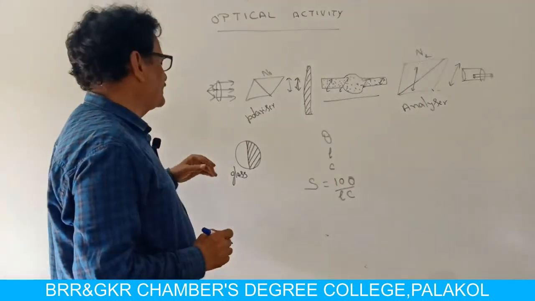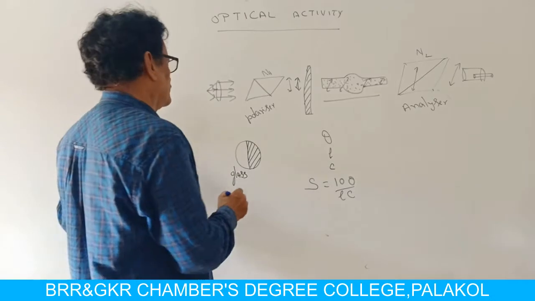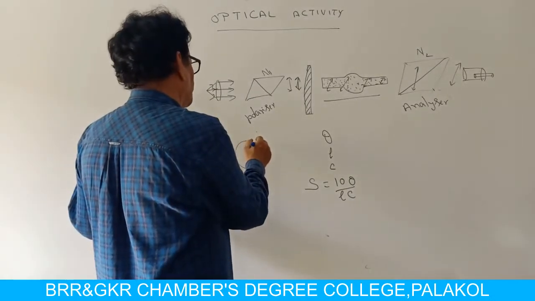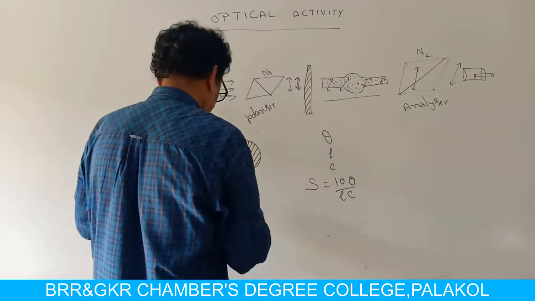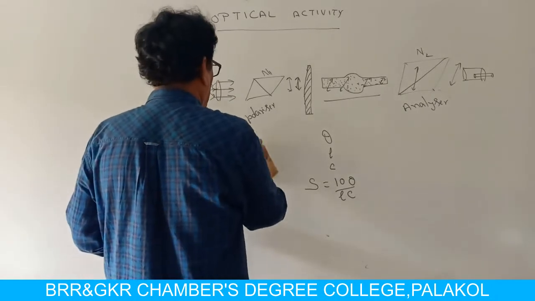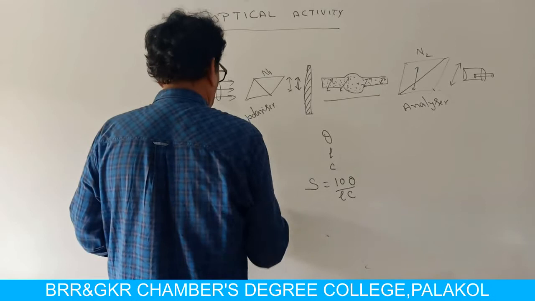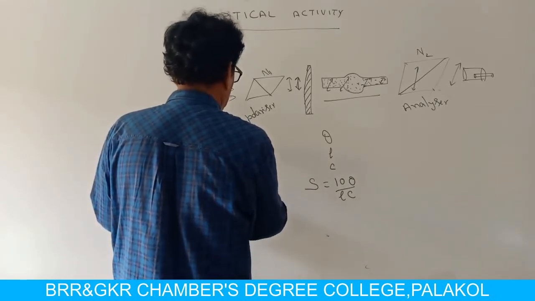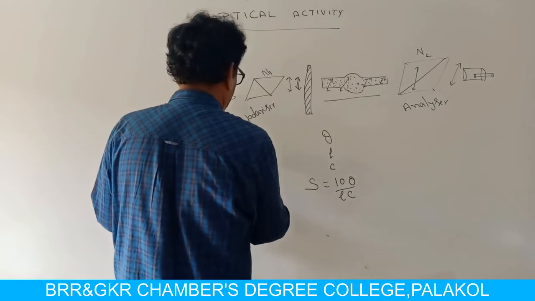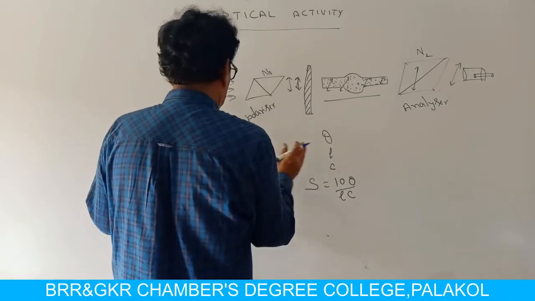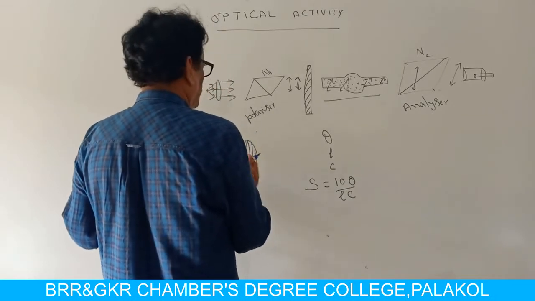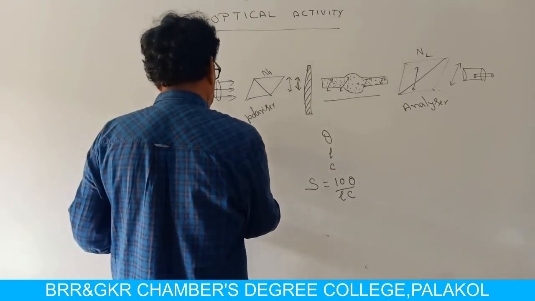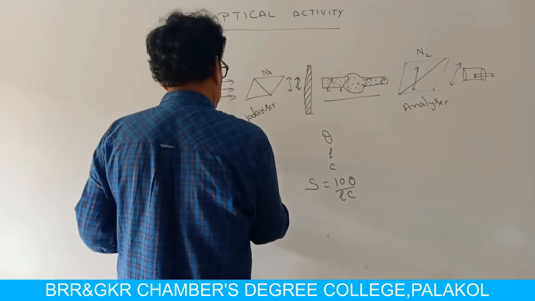So, when the vibration incident on the half shade is parallel to the optic axis of the quartz crystal, it will pass through the entire plate uniformly.